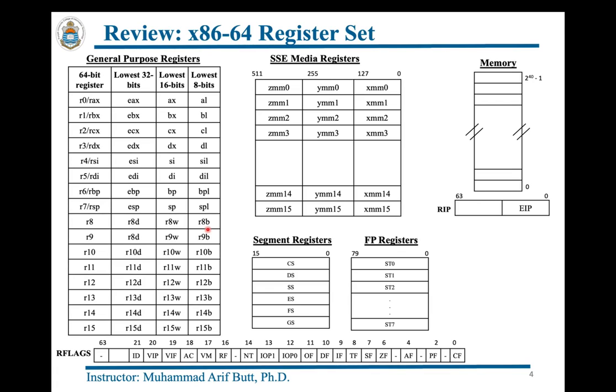Well, this slide shows the register set of the x86-64 microprocessor. First of all, we have the 16 64-bit general purpose registers named R0, R1 to R15.